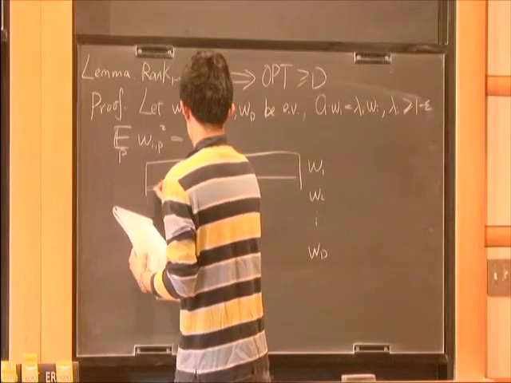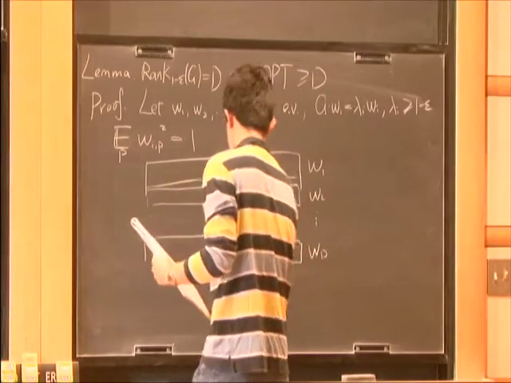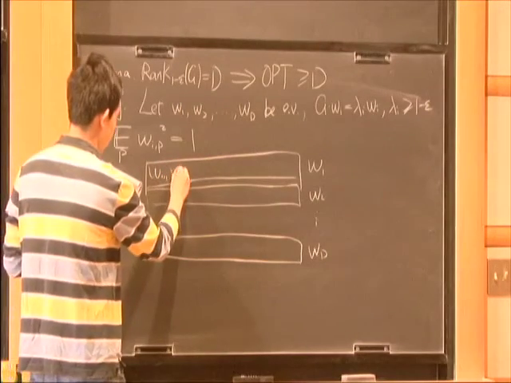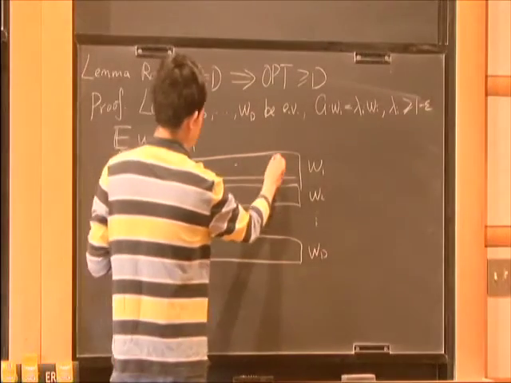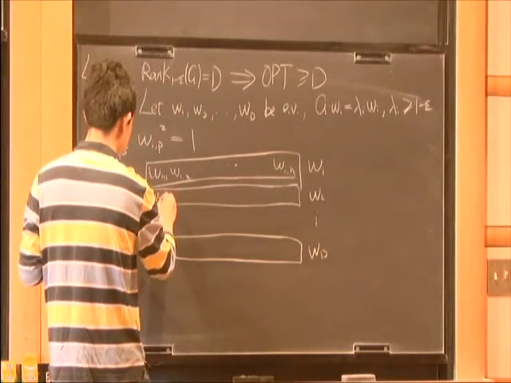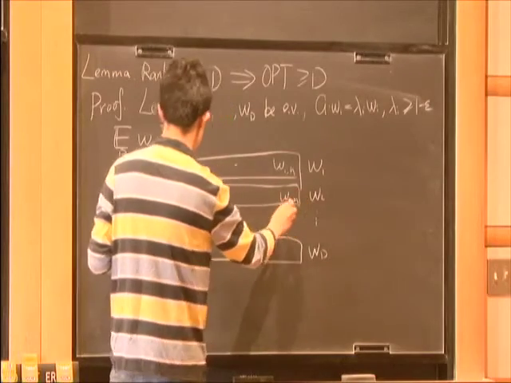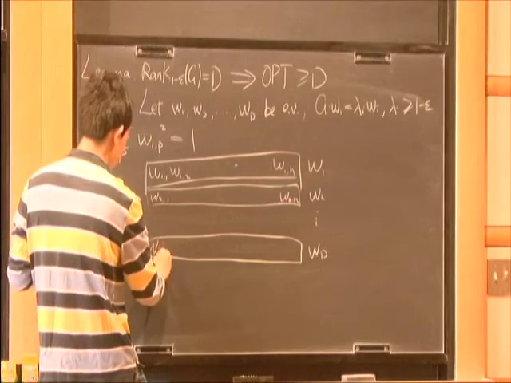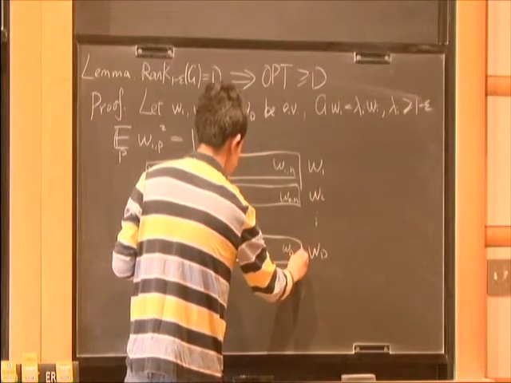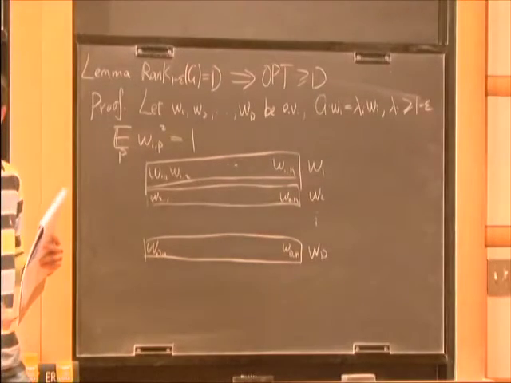This is W_{1,1}, W_{1,2}, to W_{1,N}, W_{2,1} to W_{2,N}, W_{D,1} to W_{D,N}. So we write them in this way.